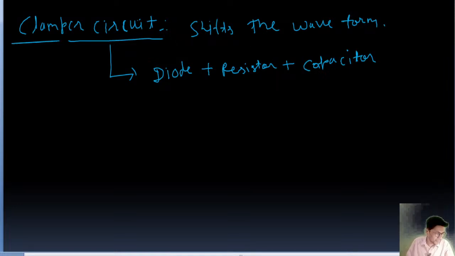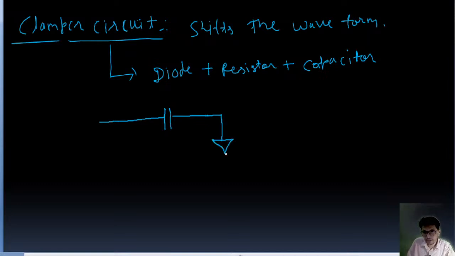Okay, so I'll show you the clamper here. This is the clamper guys, this is the capacitor. We have a diode here, this is the P part and this is the N part, negative and positive.